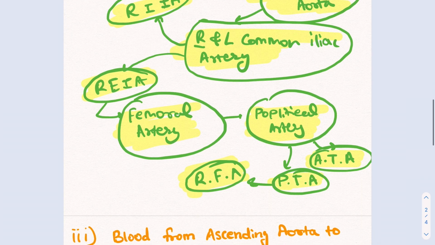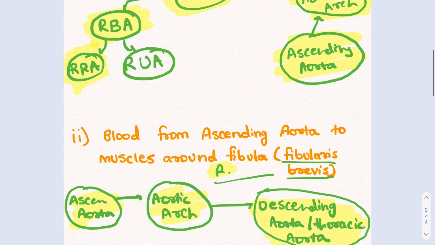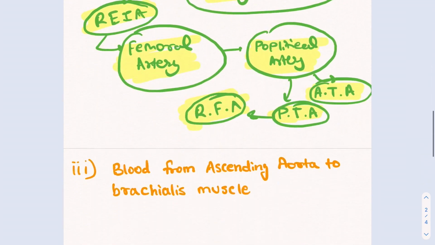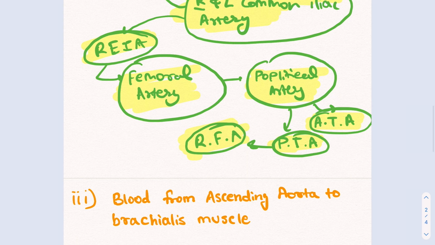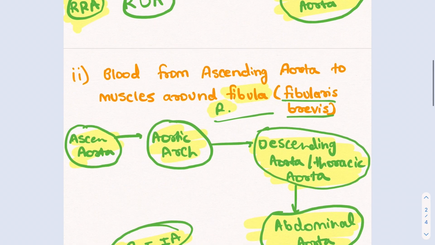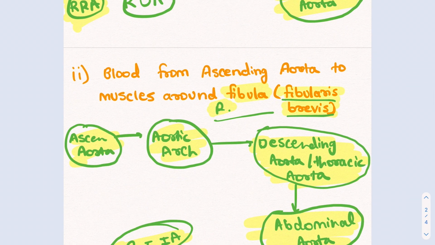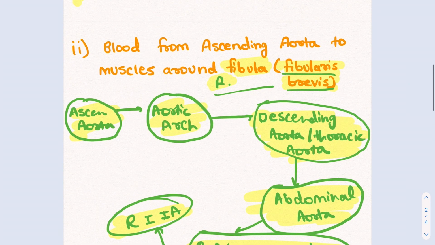Posterior tibial artery then also splits into right fibular artery. And again, focus on right fibula. So in that case, right fibular artery is our last artery that blood takes in order to reach the muscle, which is fibularis brevis. So that's our lower extremities example.